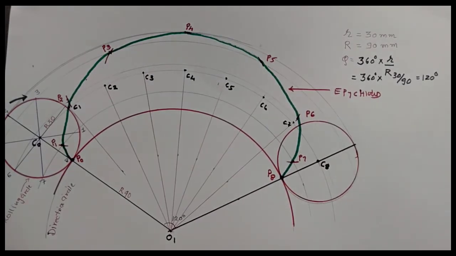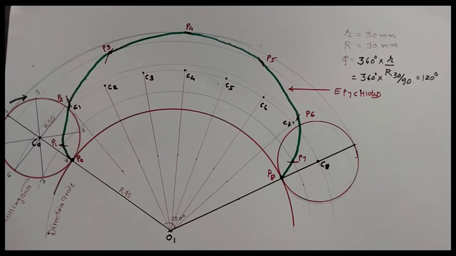Epicycloid, because our rolling circle rolls on the outside of the directing circle, and with your point P at contact between the rolling circle and directing circle, we always get the epicycloid.